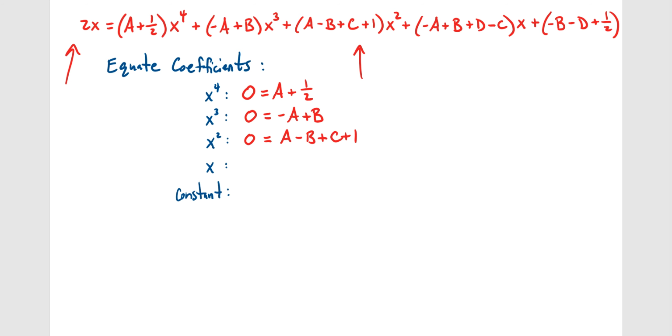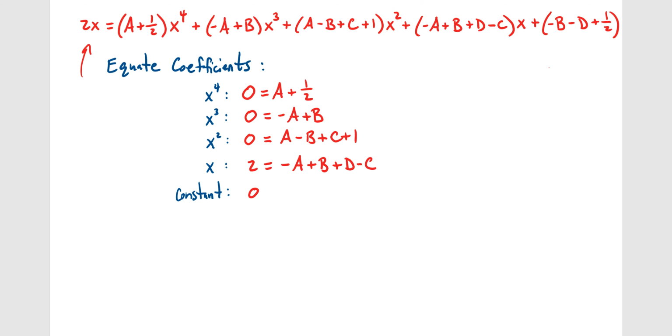And then for x, on the left, we do have a coefficient of 2. On the right, we have negative a plus b plus d minus c. And lastly, for the constant term, we have no constant on the left, so that's a 0.